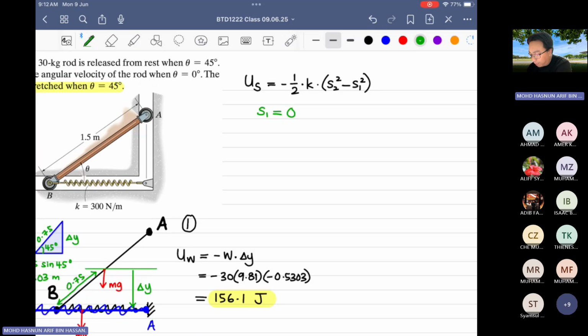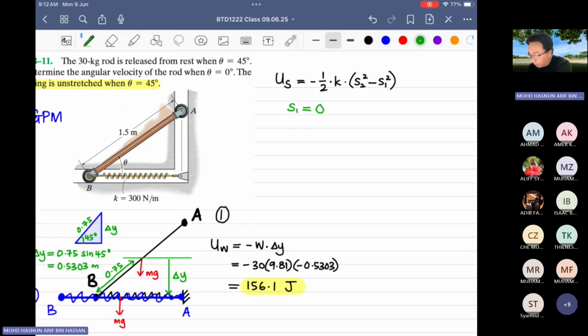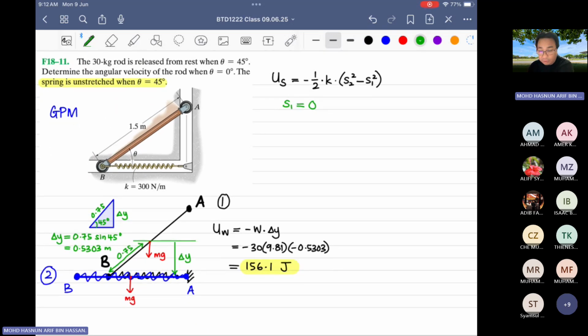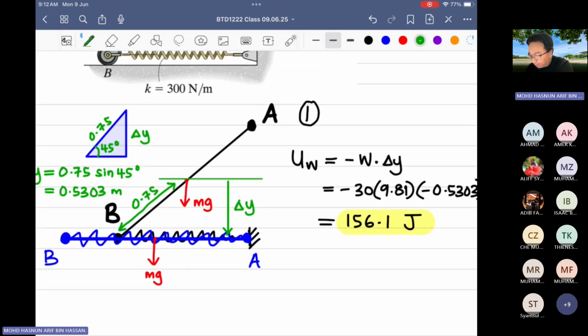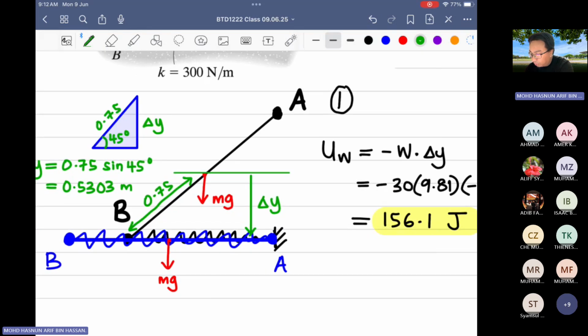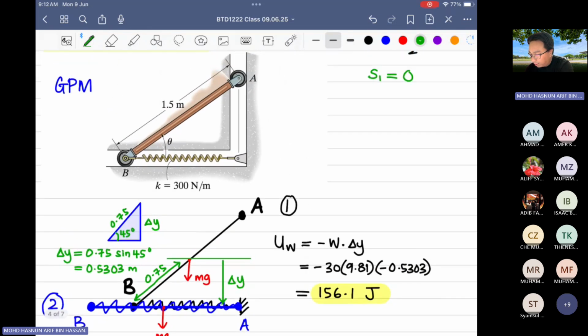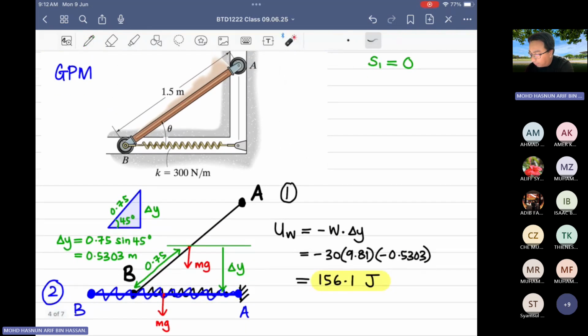But we need to know the length of the spring, because later we will find the length at S2, and we need the original length to subtract, and then we can get the value of S2. So again here, if we zoom in, you can get a triangle from here.